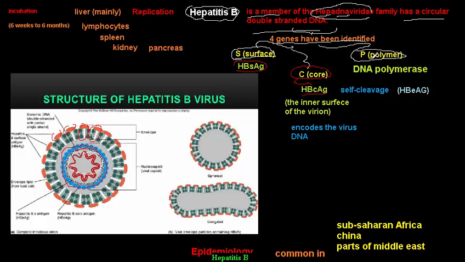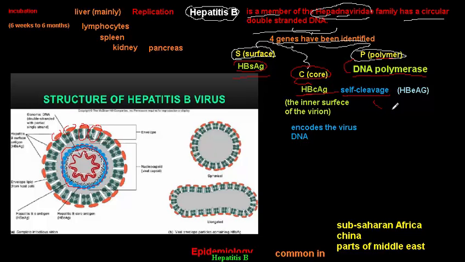And the P gene encodes the DNA polymerase. Actually, we have 3 important antigens that wherever you read about hepatitis B you will find. You'll find the hepatitis B surface antigen I told you about, the hepatitis B core antigen, and the third important one is a result of self-cleavage of hepatitis B core antigen.